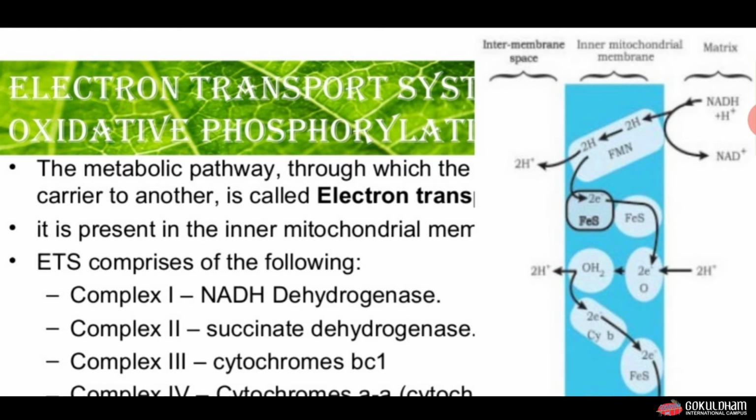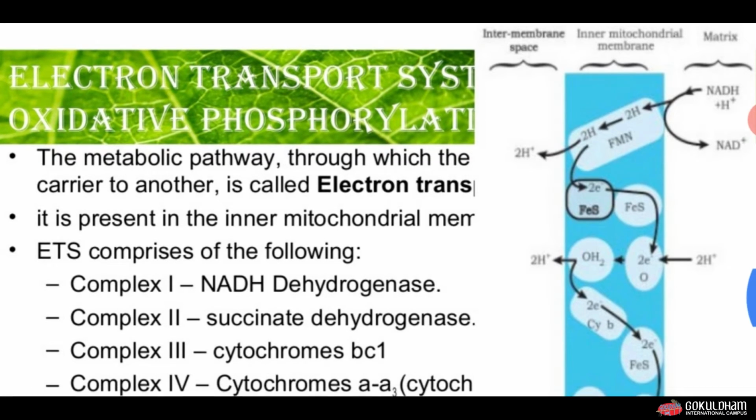The electron transport system is a metabolic pathway through which electrons are transferred from one carrier to another carrier. It is present in the inner mitochondrial membrane. You can see in this figure that it has three regions.